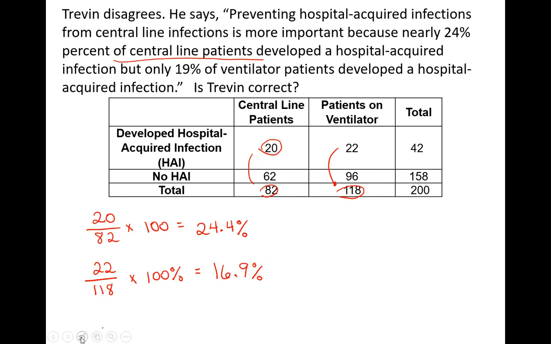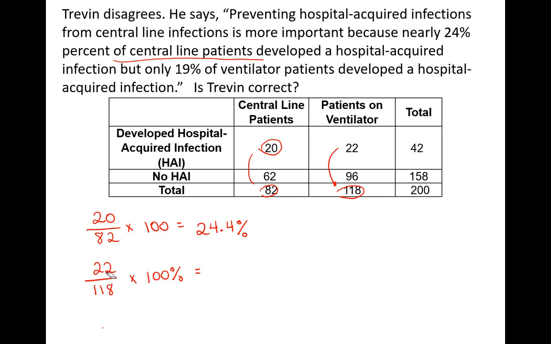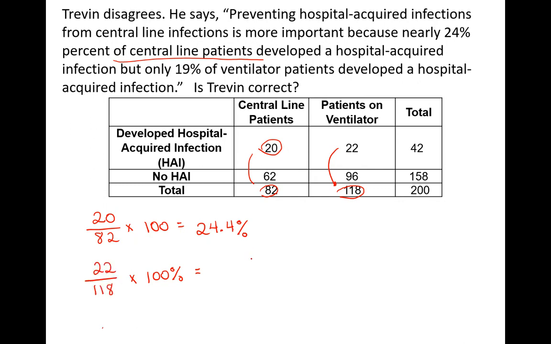I thought that didn't look right. Let's recheck that. And that will be 18.6. So yes, he's true too. This is about 24%. This is about 19%. So it's true.